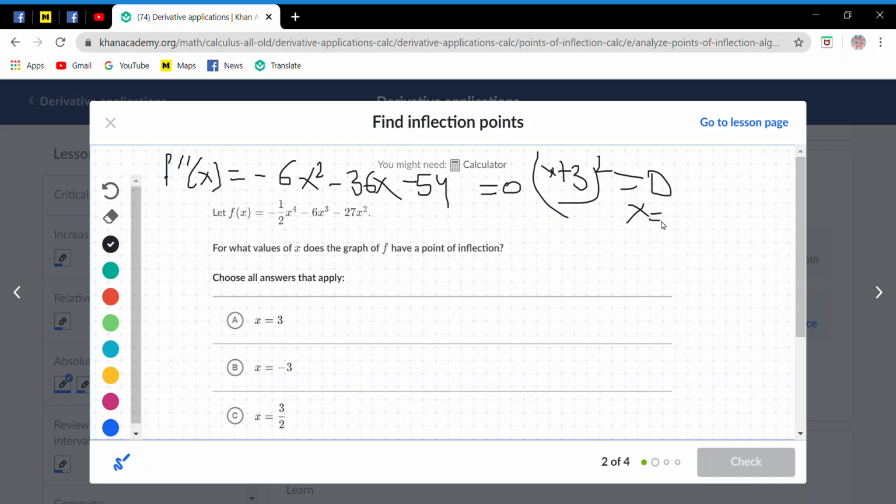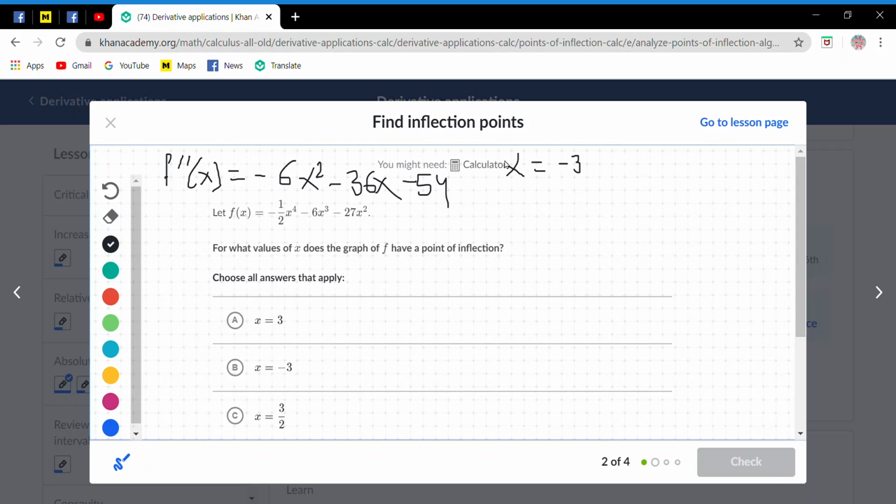So x has to be negative 3. This is our critical number, x equals negative 3.